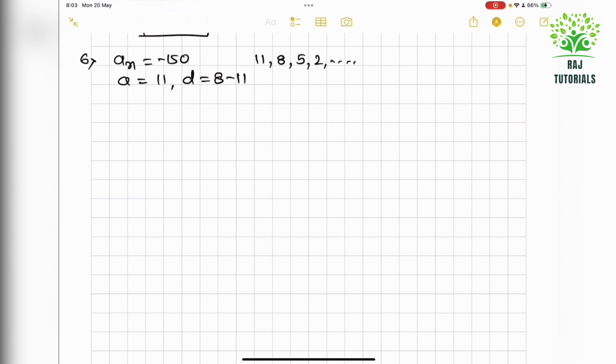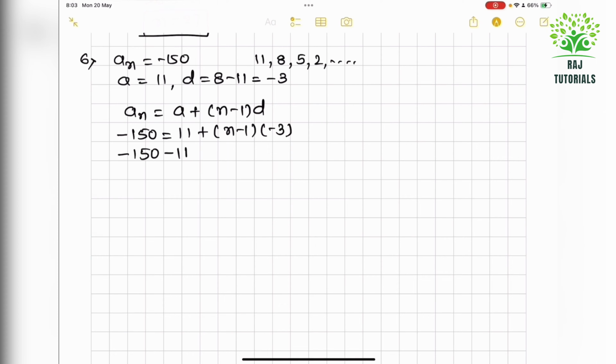D will be 8 minus 11. So 8 minus 11 will be minus 3. And AN already we know. So AN equal to A plus N minus 1 D. So minus 150 equal to 11 plus N minus 1 into minus 3.